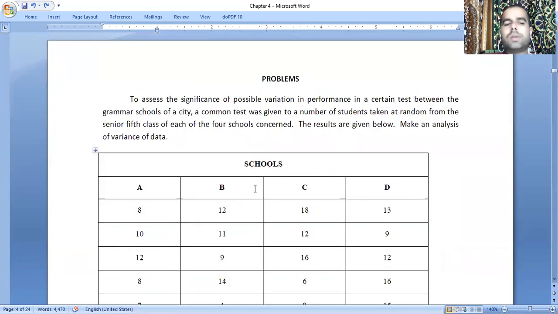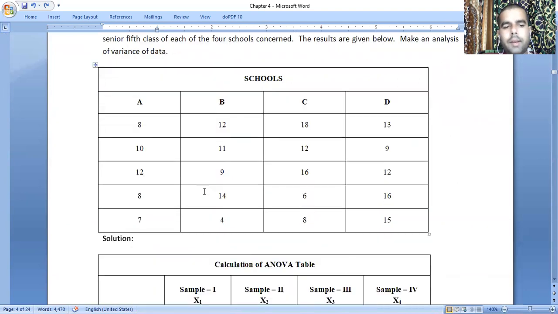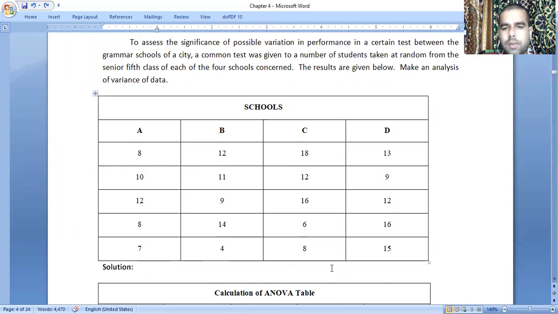Here, for schools, only one side of information is available, so you can decide that this is a one-way classification problem. In the next class we are going to solve this problem. See, 5% LOS is not given and 1% LOS is not given, so we have to assume. First, observe note number 1: whether all the values are equal or unequal.